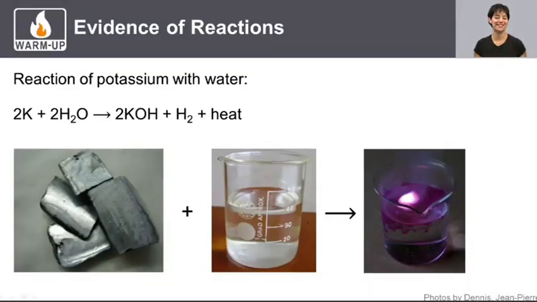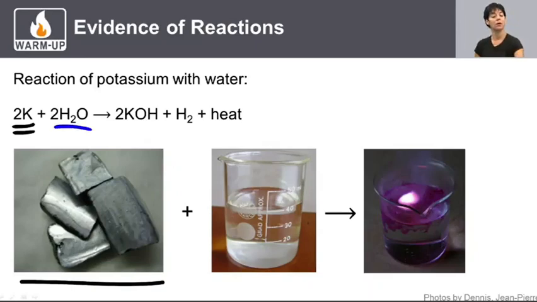Evidence of reactions. So let's look again at that reaction of potassium with water. We start with potassium, the metal, and we add the water, H2O. We see the reaction and what it creates, what it forms, the substance, the product that we end up with.